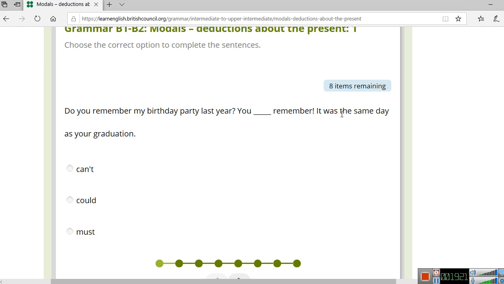It was the same day as your graduation. So I explained 3 topics. Being 100% sure, being 50% sure, and being sure something is not gonna happen. So I want you guys to tell me which of these 3 possibilities do I have in this sentence.